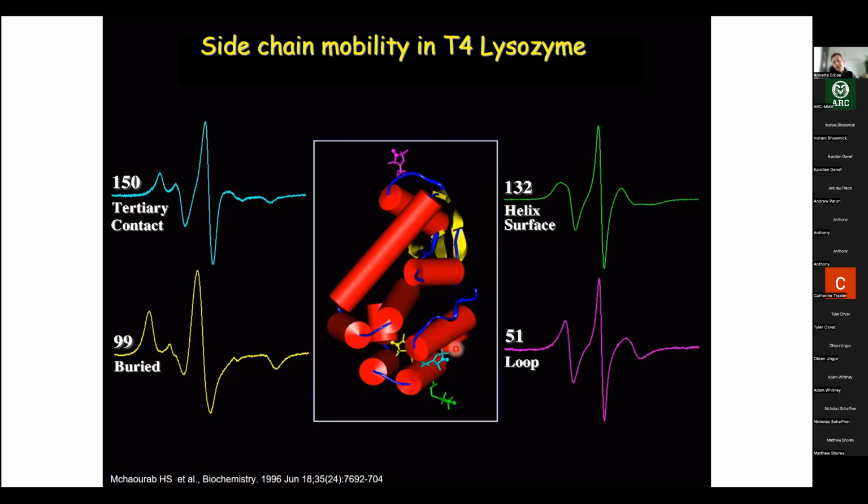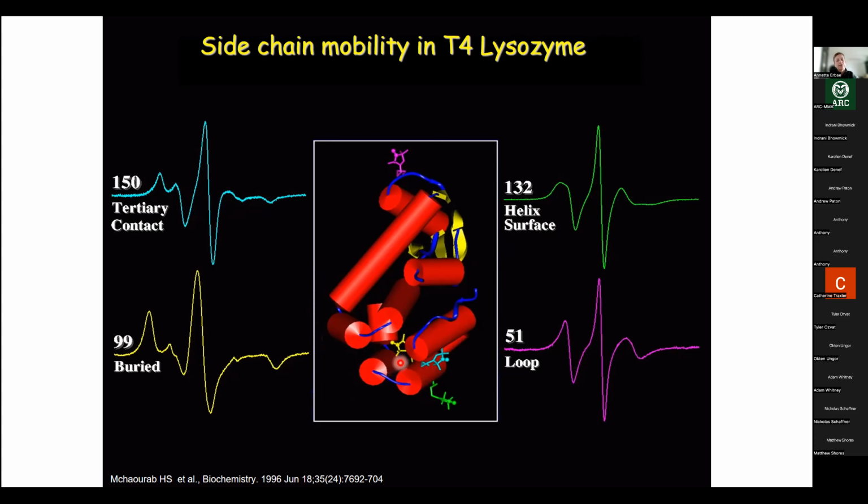The next position is sitting here on the tertiary interaction site, where the backbone movement is restricted, and now it's sandwiched between two interacting alpha helices, so it can't rotate freely anymore. And as you see, you get an even broader spectrum. And spin labels are actually very well tolerated and very rarely mess up folding or activity.